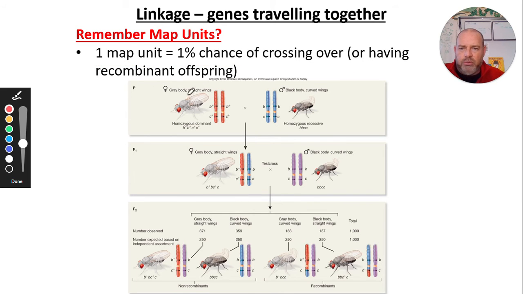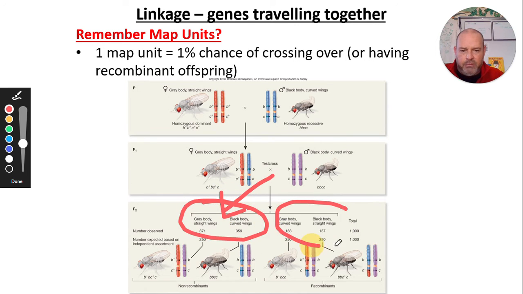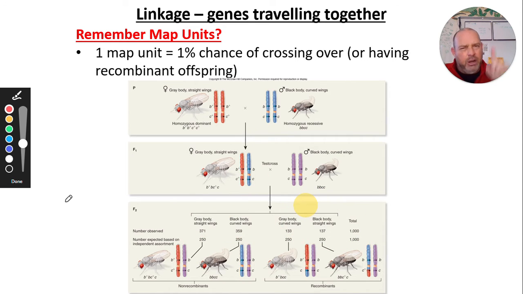So if you look at the parents and then what offspring they have, gray body, straight wings, black body, curved wings, these offspring would be the same, but these over here would be your recombinants. So the higher the percentage of recombinants you get, the more likely it is that crossing over took place and we got some sort of variation there.